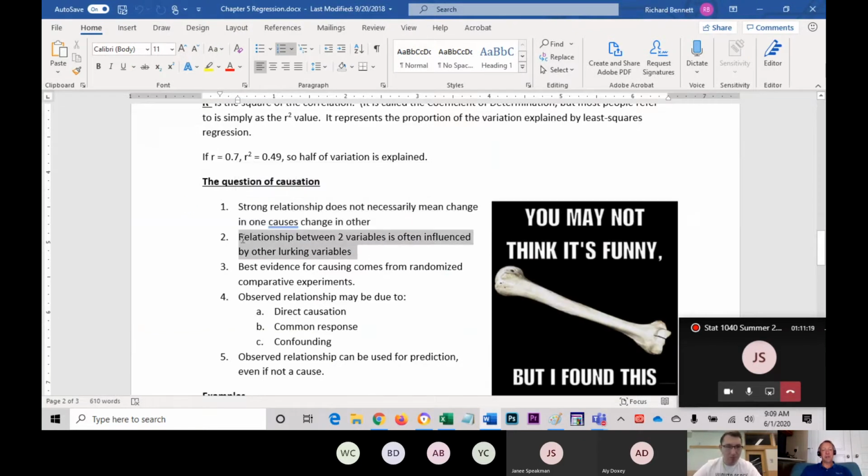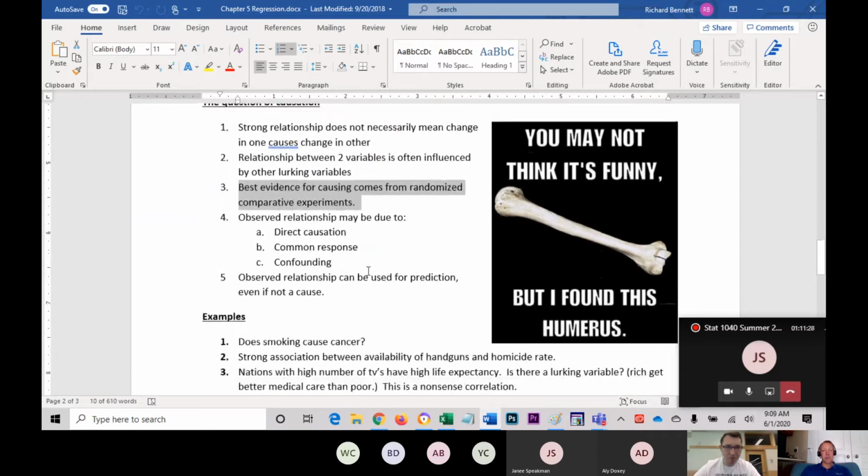The relationship between two variables is often influenced by other lurking variables. The best evidence comes from randomized comparative experiments. And remember that observed relationships may be due to direct cause, a common response, or confounding. Even though a relationship can be used for prediction, the observed relationship can be used for prediction even if it's not the cause.